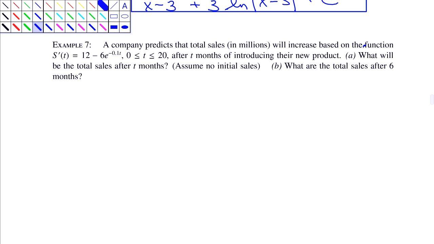All right. So we're looking for s of t. And so that's going to be the integral of s prime of t dt. That's 12 minus 6e to the negative 0.1 t dt.